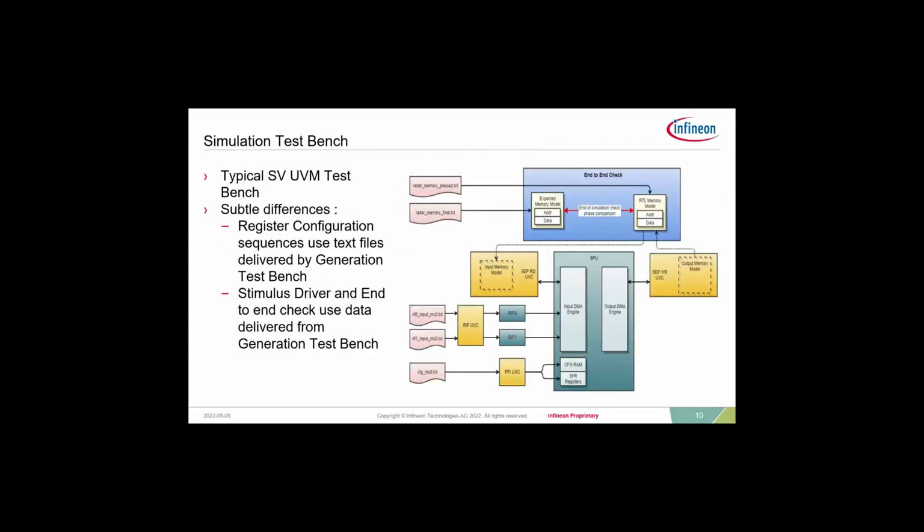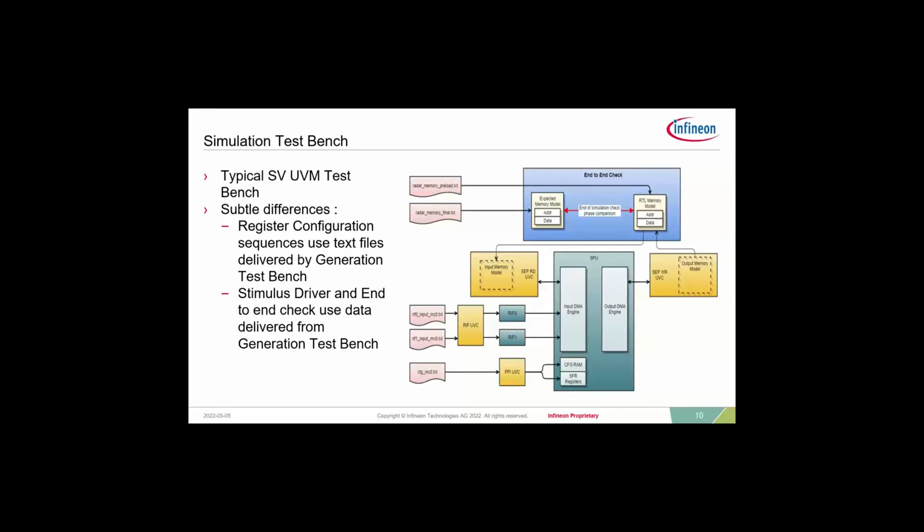And it's pretty much a typical SystemVerilog UVM-based test bench, to be honest. The only subtle difference is that we're able to use the expected data generated in our generation test bench.